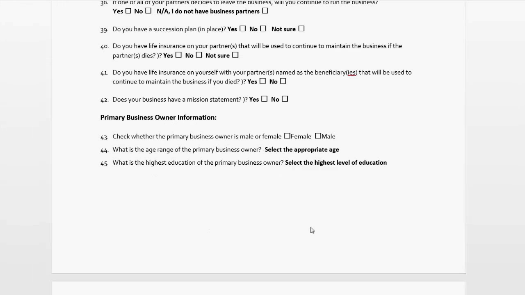Do you understand it? I wanted to go back here and just quickly talk about this section on the primary business owner information. The second two questions here, number 44 and 45, can sometimes be a little bit sensitive. You're asking the age range of the primary business owner, and so it is a range, which is better than actually asking their age.